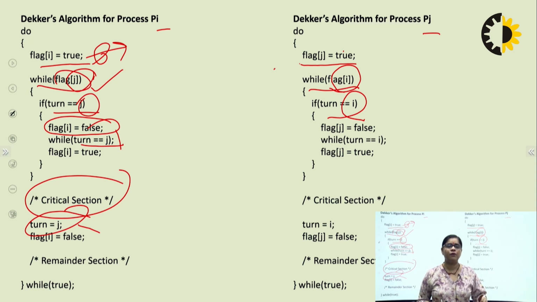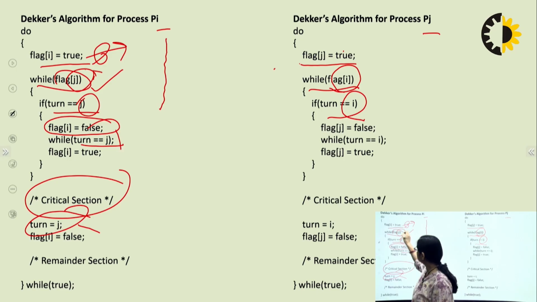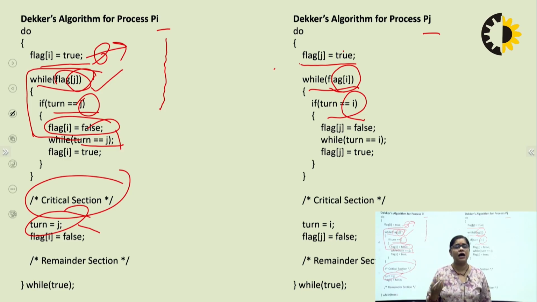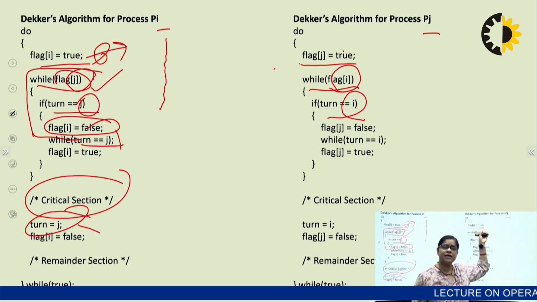Now one more point you have to keep in mind: when this process pi is entering with the flag of i, let us suppose this condition is not satisfied, for example both processes have raised the flag at the same time.